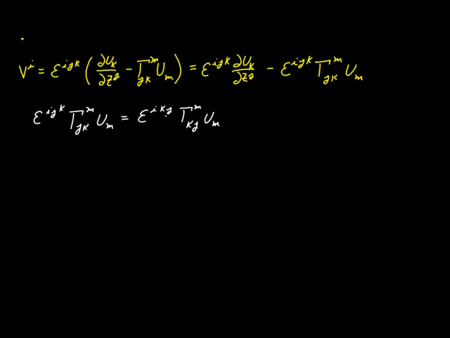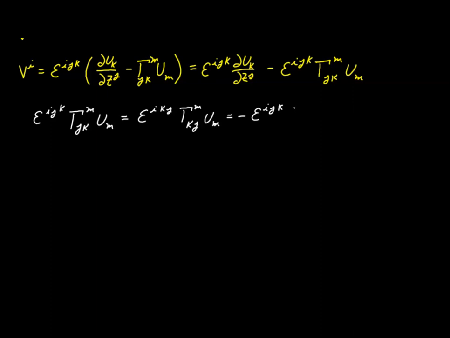Now I'm going to swap the position of k and j, and because of the skew symmetry, that means it becomes negative. So this is epsilon ijk. And now I'm going to swap the positions of j and k on our Christoffel symbol. But in this case, the indexes are symmetric, not antisymmetric.